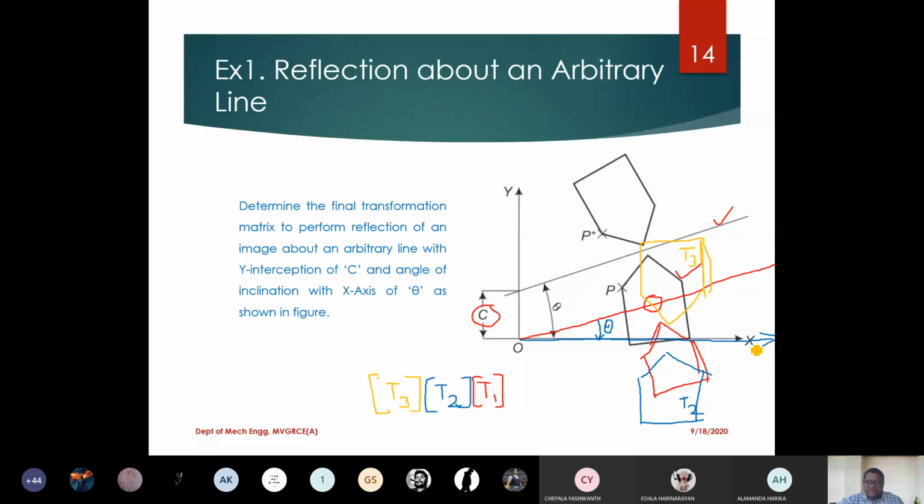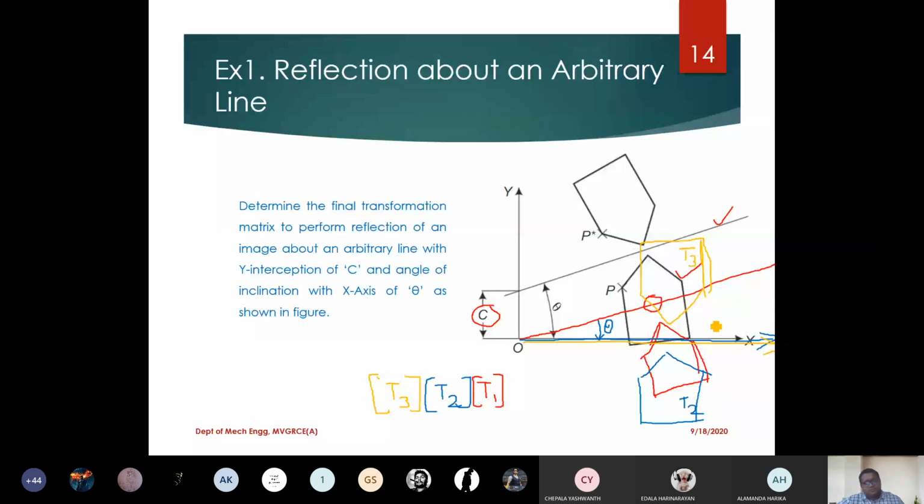So the straight line is still the same. But you can imagine one more x-axis straight line like this. So these yellow colored ones are, after applying three fundamental transformations, how the original object has shifted to this yellow location.